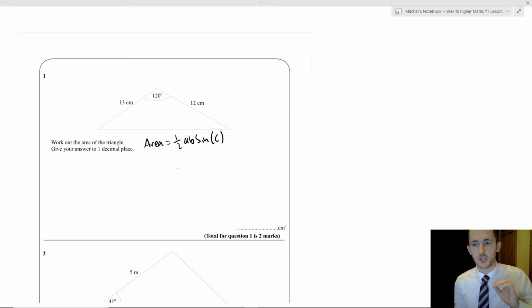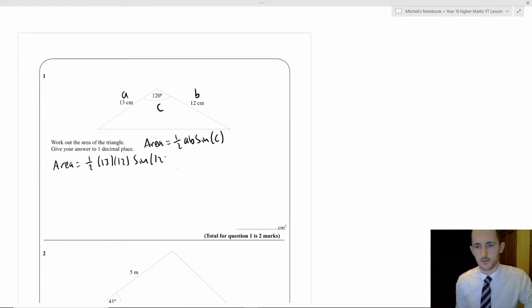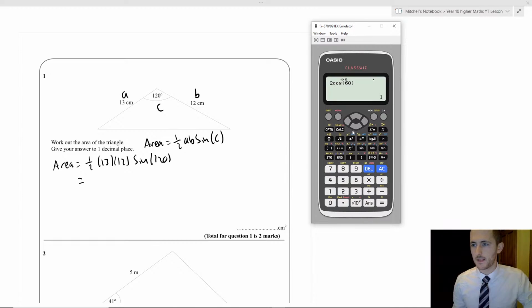So using that logic, right? A and B are the sides that make up the angle. So that's how I'd label it. So now my area, super easy, is just a half 13, 12 sine of 120 degrees. That's it. Not too bad. And that will give you the area of any triangle. Okay? So let's do it. Let's do a half.